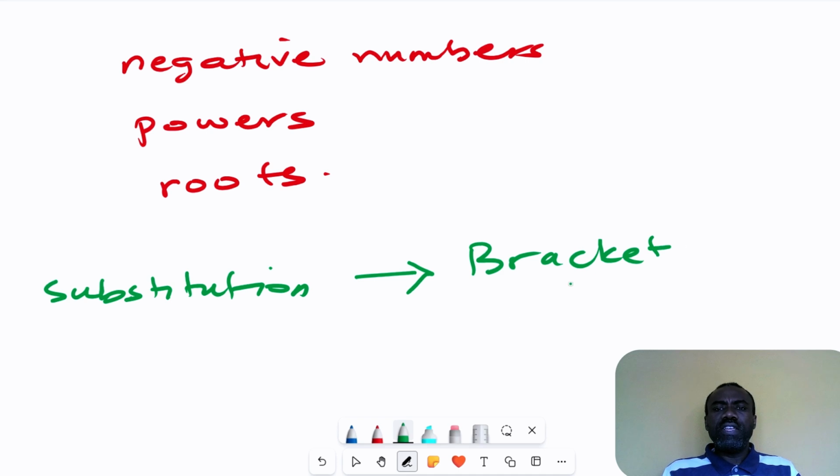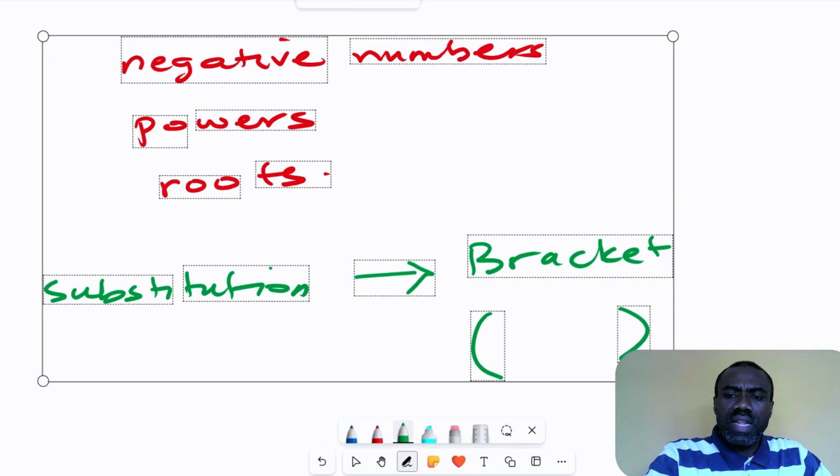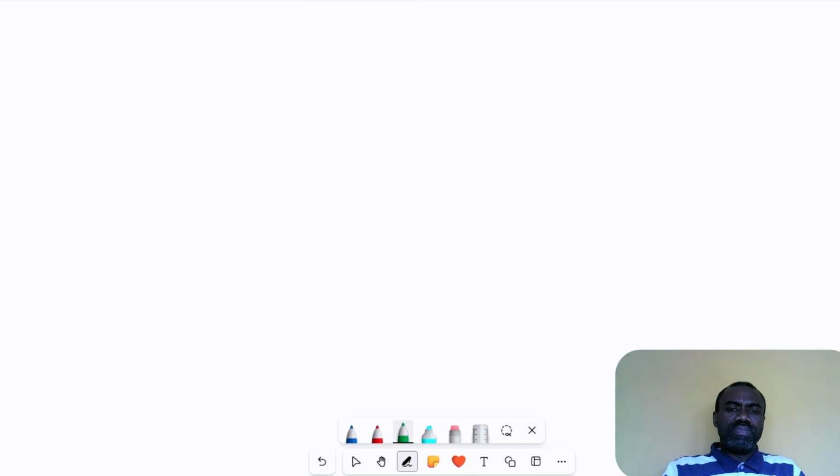Okay, we are free to introduce brackets to help us to separate the clutter when we are trying to solve an algebra problem based on substitution, so that we can do everything in the correct order, step by step. So you are always free to introduce brackets into your expression when you are solving an algebra problem based on substitution, and that is what we are going to do next. So let's look at an example.